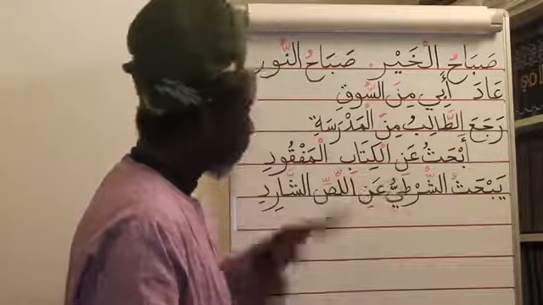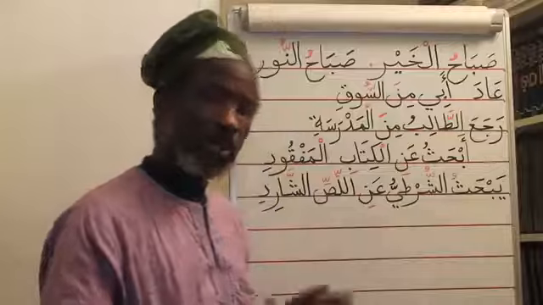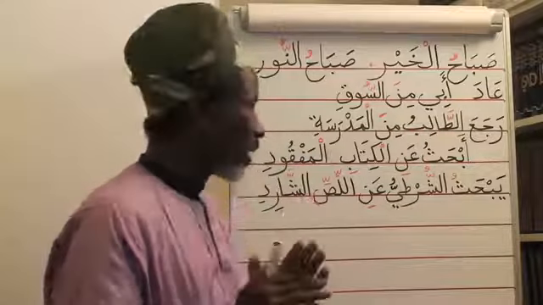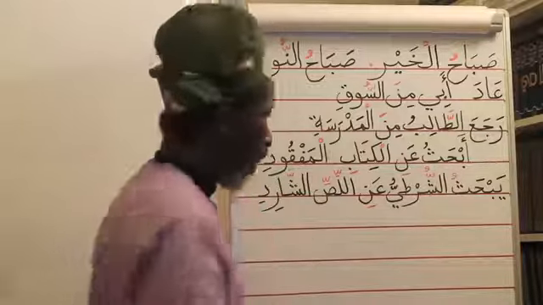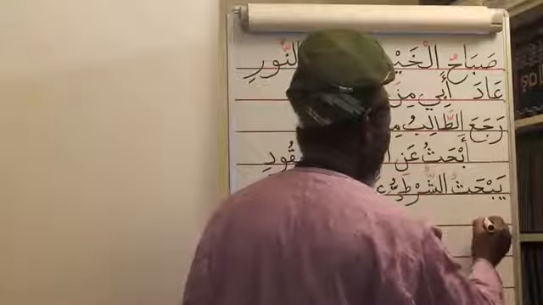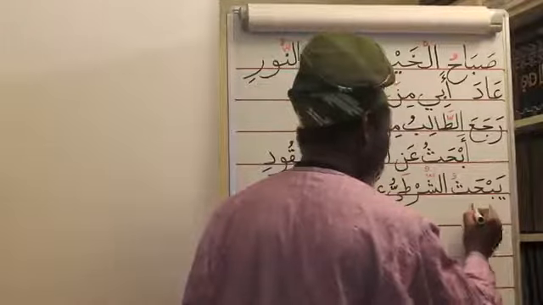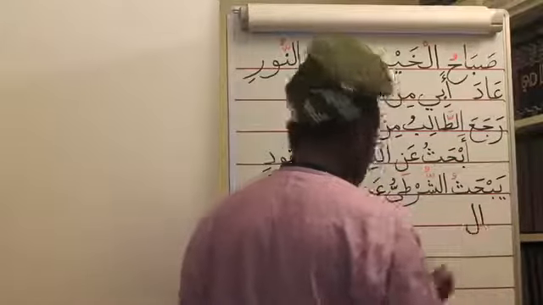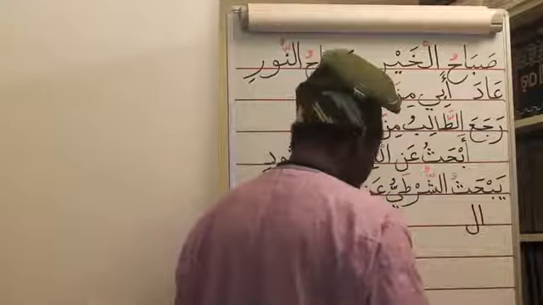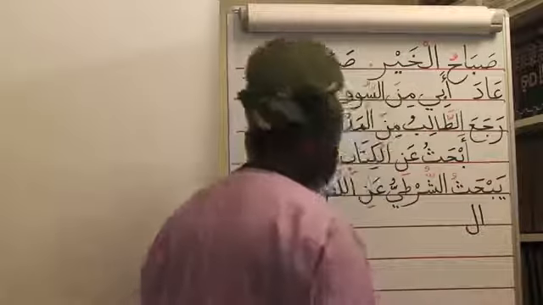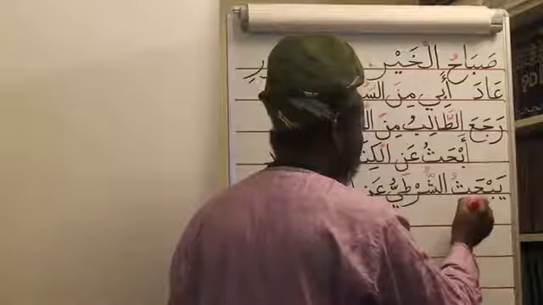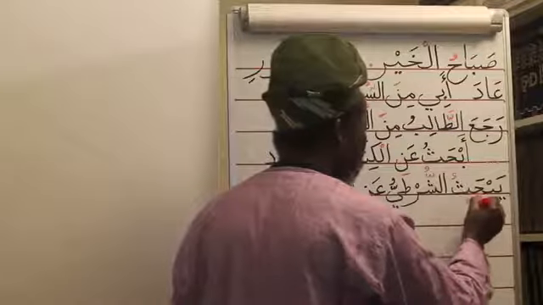Before we explain what you're looking at on the board, let me just go back a little and talk more about the L of the. Remember, the L of the, we have alif and the lam. You have fatha on the alif, and the sukun on the lam.